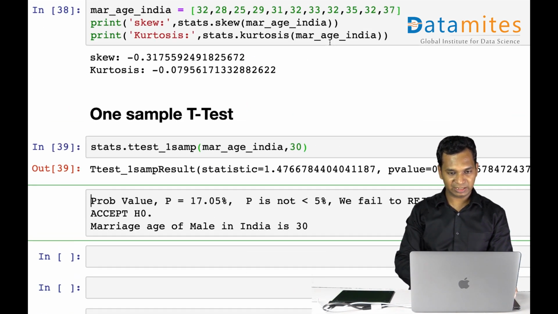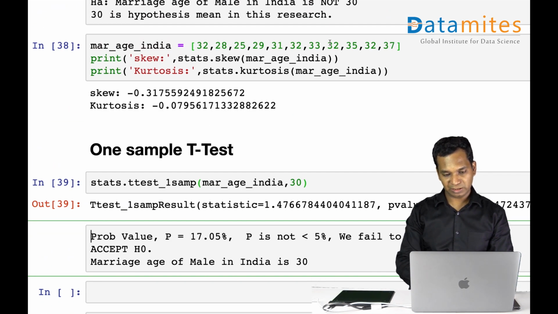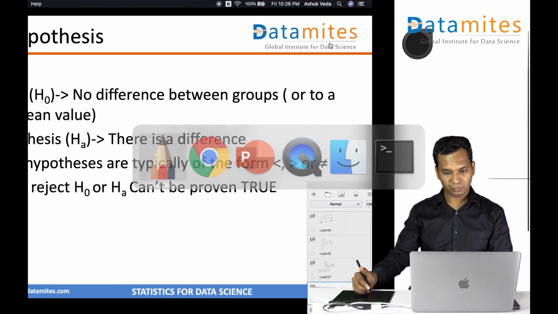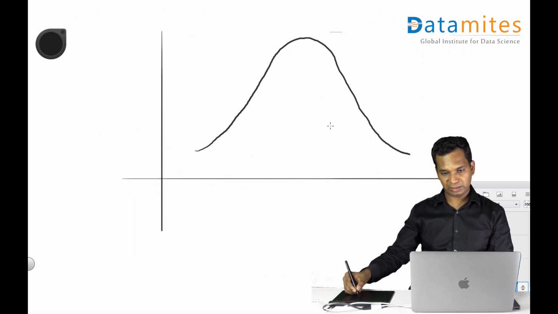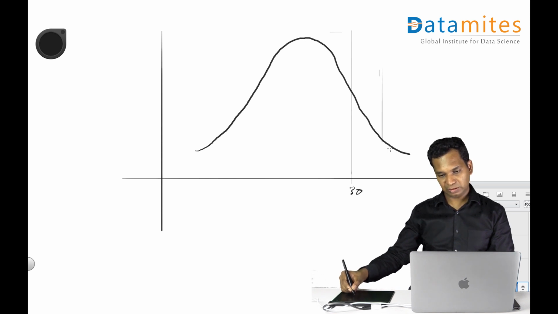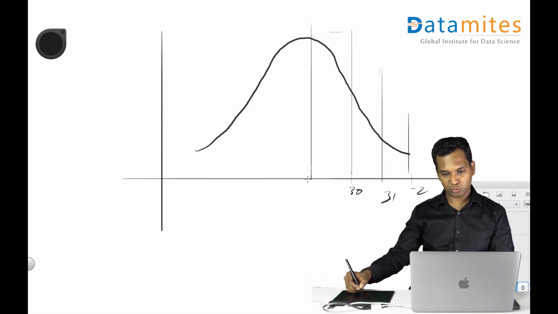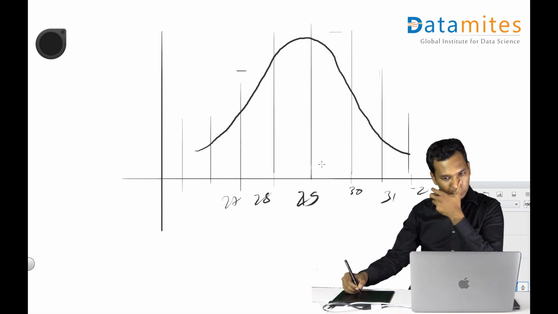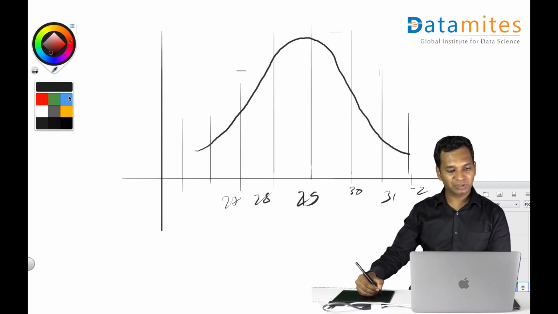T is positive means this is greater. So 30 is somewhere, let's say here, and this is 31, this is 32, and this is 29, 28, 27, and so forth. So this is your entire data.